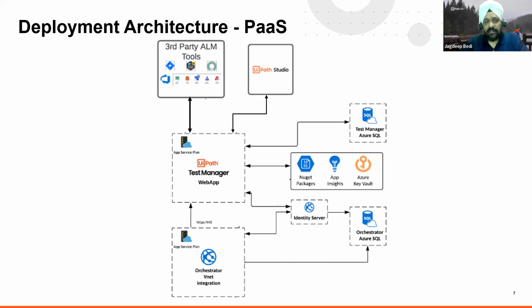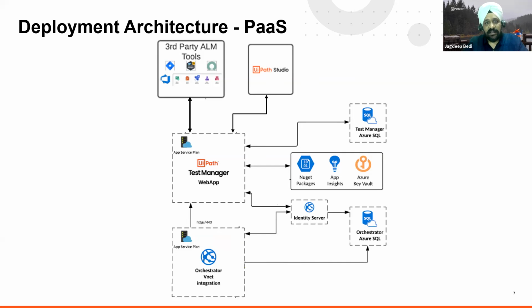Moreover, test manager can link with your ALM, application lifecycle management tools like DevOps, Jenkins and so on. So it automatically takes the requirements. We have an integration for it. We will show in the demo at the last how you can integrate it with Azure. The requirement or planning part would automatically get synced with your test manager app.